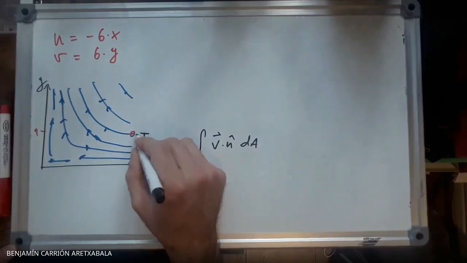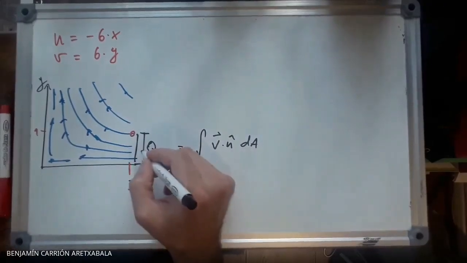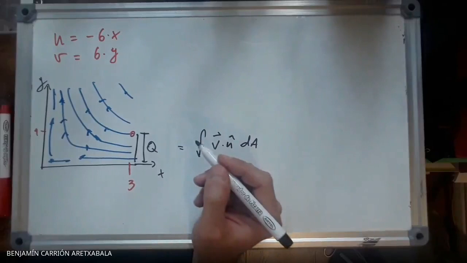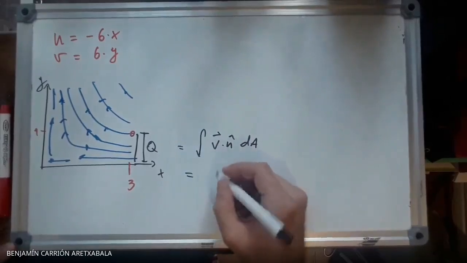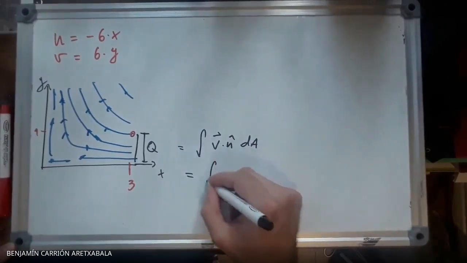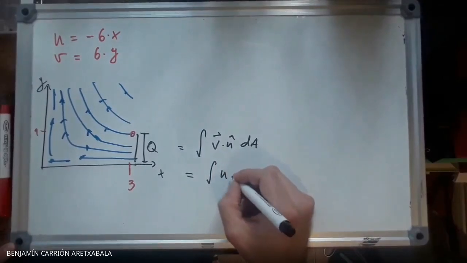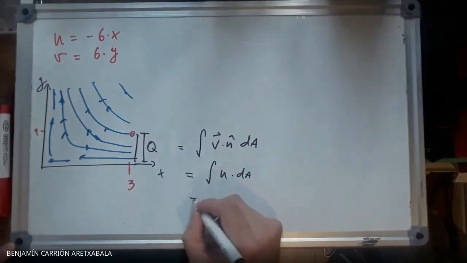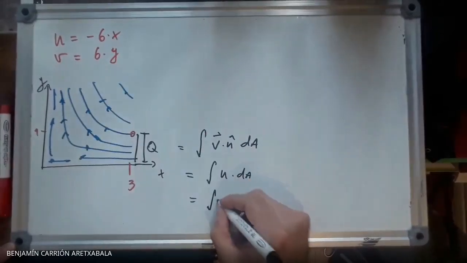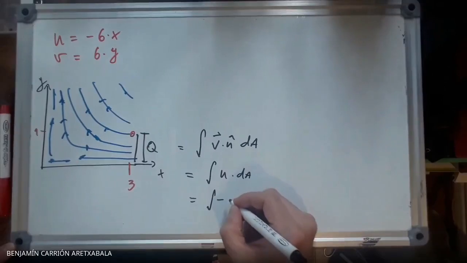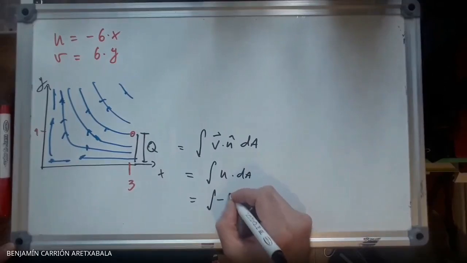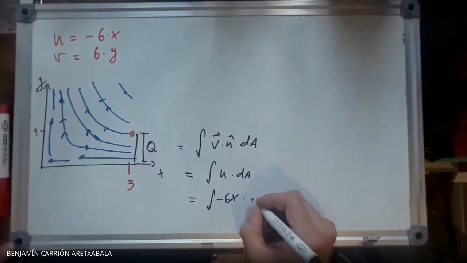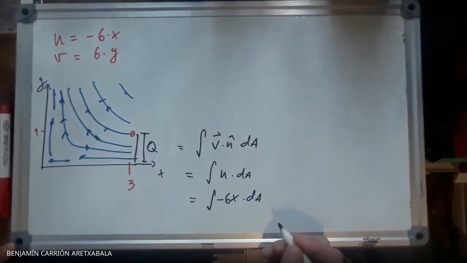And we said if it's going in, then it's negative, right? So this is going to be just the integral of U over this area, and we said U is minus 6x. It's minus 6x over the area, right? This is going in, so it's negative.